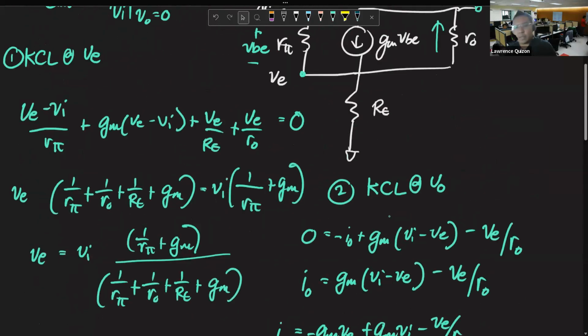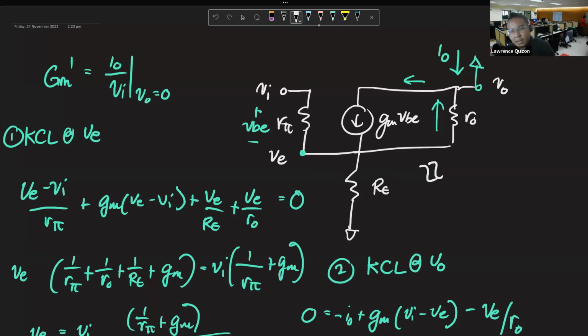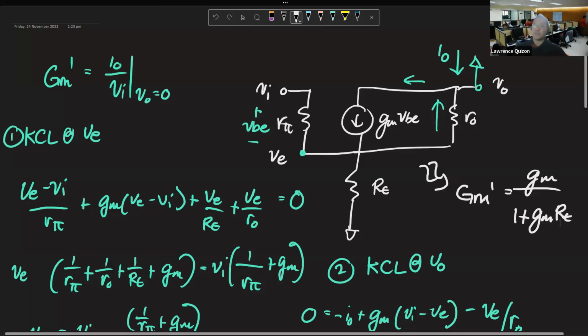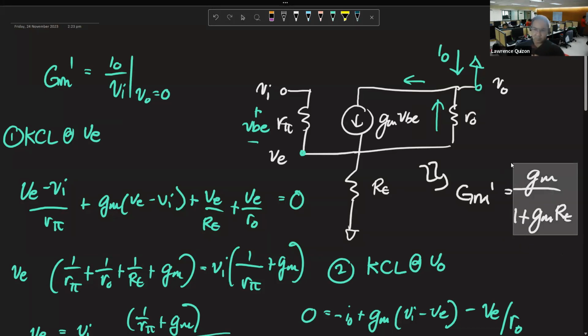So after all of that math, no, what we get is the following fact, no? GM prime is actually the original GM divided by the degeneration factor, no? GM over 1 plus GMRE, no? That's around how much it is, no? And well, if you do this in a lab, then you'll find, no, that this equation actually does a lot of justice to the numbers that you see, no?